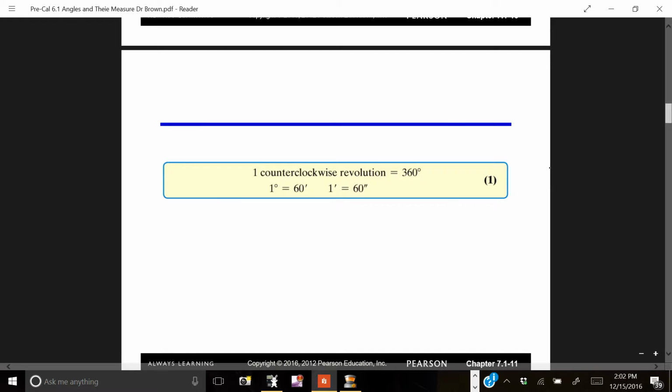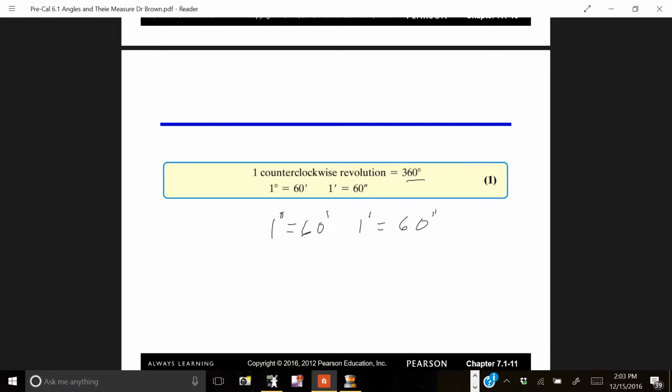I'm sure you already knew this. 1 degree is 60 minutes, and 1 minute is 60 seconds.